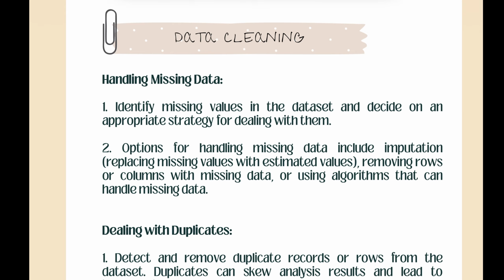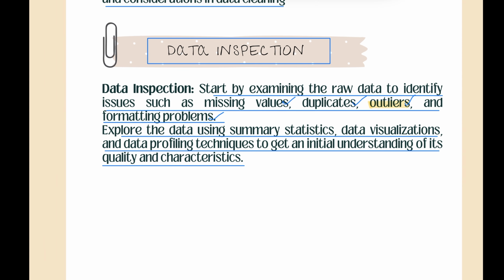Next is data cleaning. Data cleaning, first step is handling missing values. Here you have learned what it does, like missing values, duplicates, and formatting problems. Now you will learn how data inspection is done in real life.